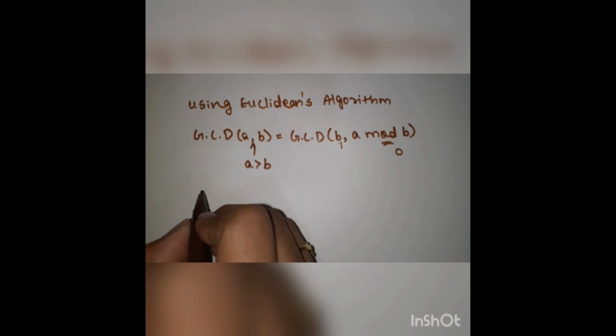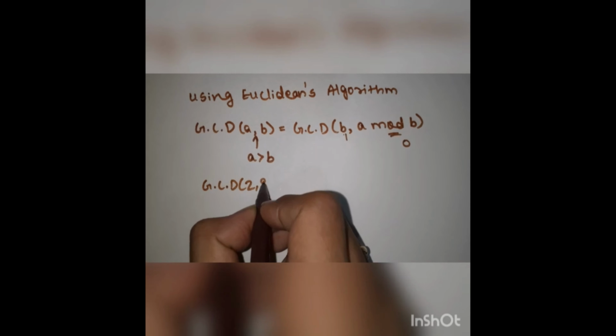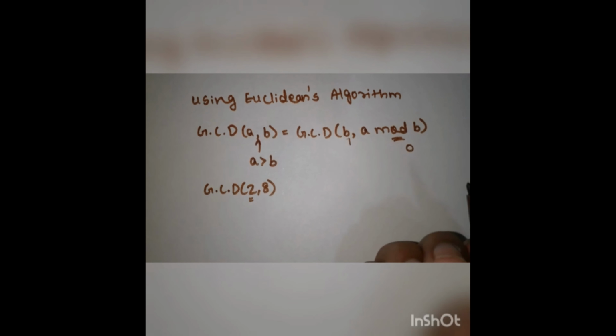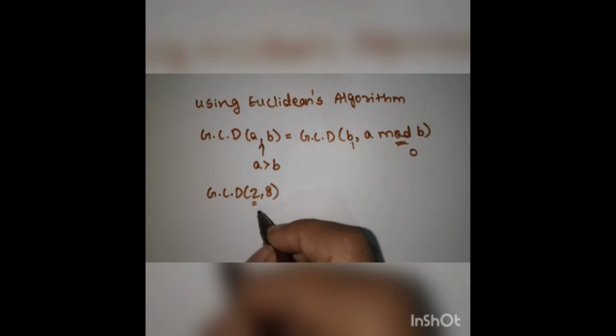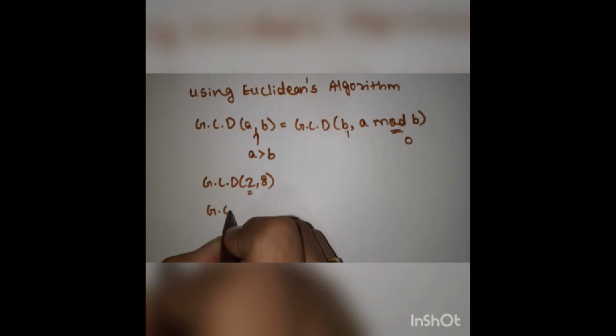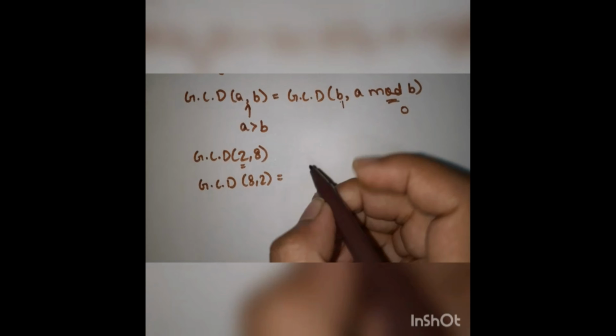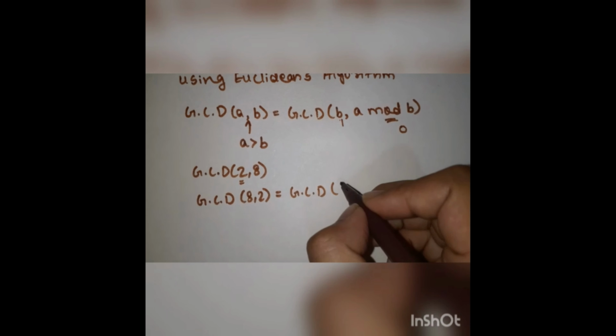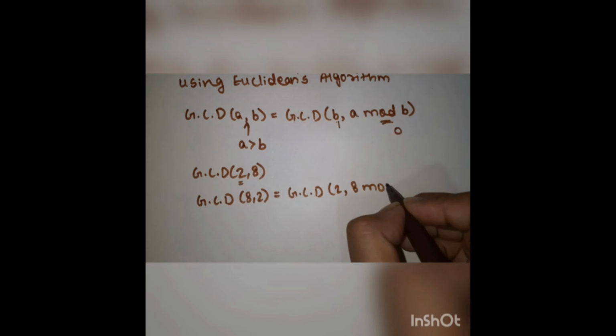Now we'll take the previous example, that is GCD of 2 comma 8, but here A is small, so we'll swap it, that is GCD of 8 comma 2 is equal to GCD of 2 comma 8 mod 2. Now we'll divide 8 by 2.